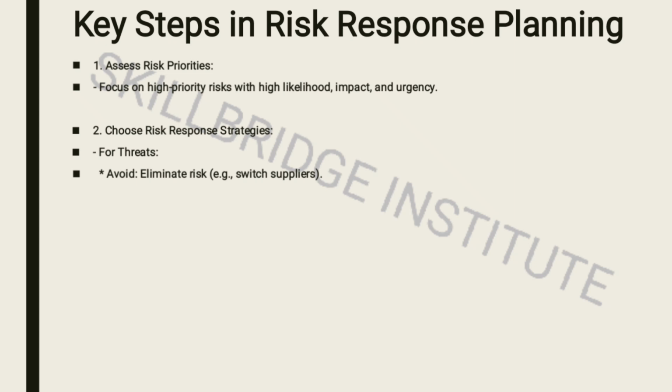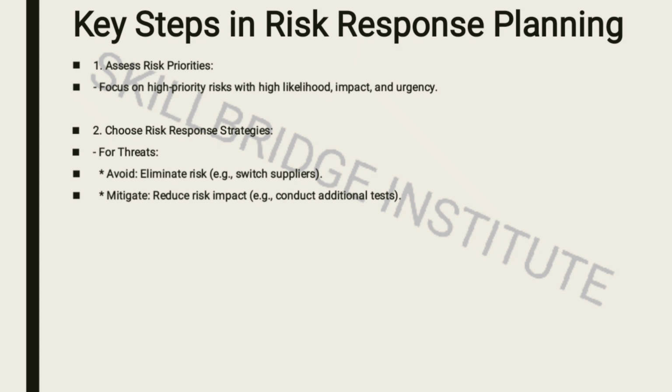For example, you are doing a project and somebody is supposed to supply you with some materials, but you find that there is a risk that the supplier might run short of materials at a certain point. What you can simply do is say, we're going to switch the supplier, because he's running the risk of not giving us the materials at a certain period of time.